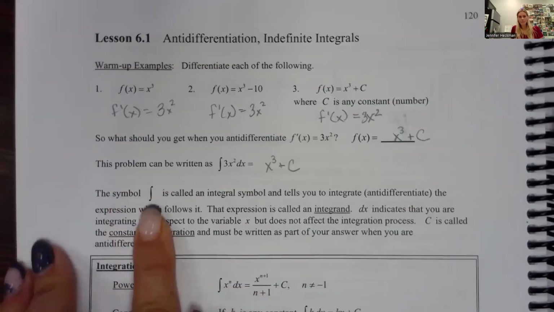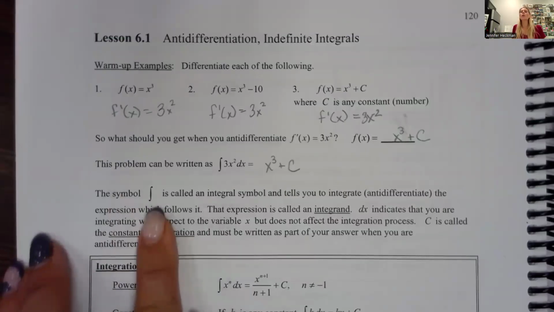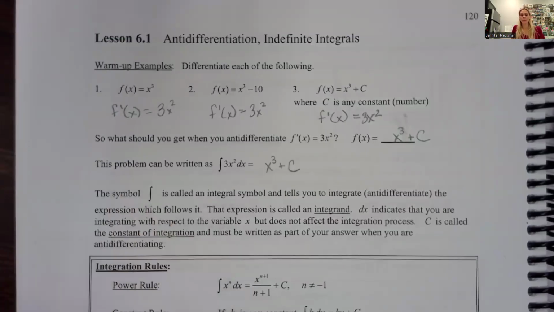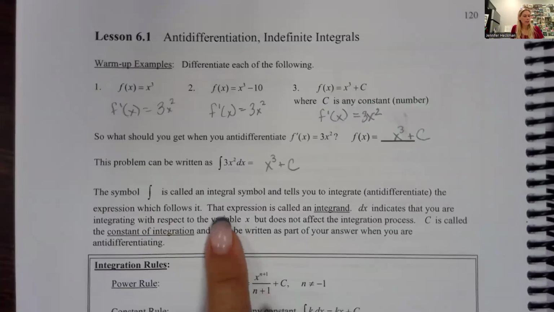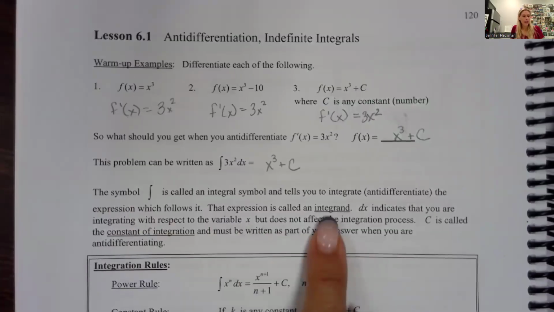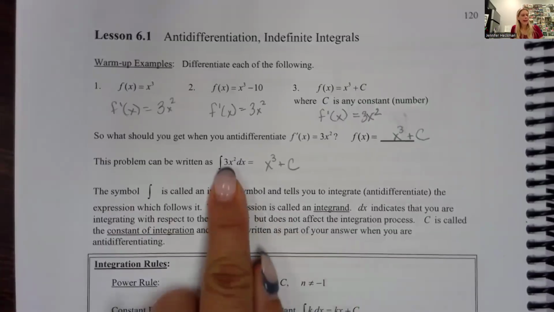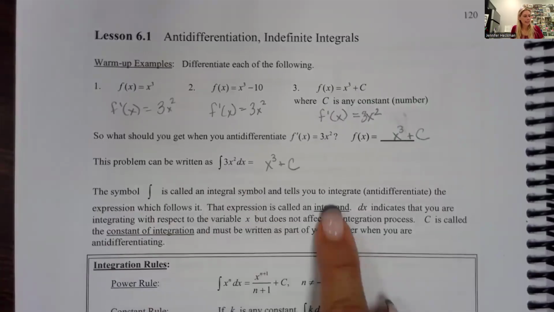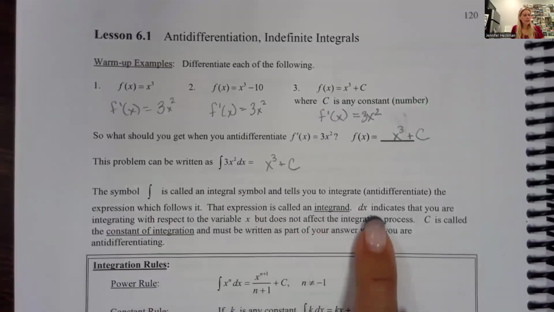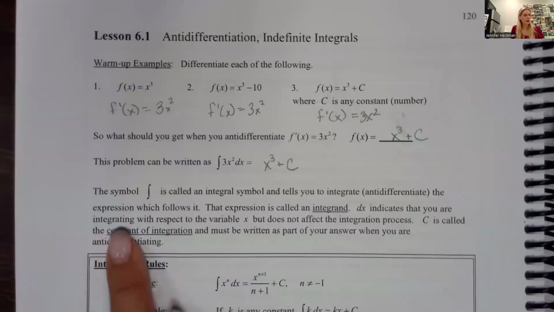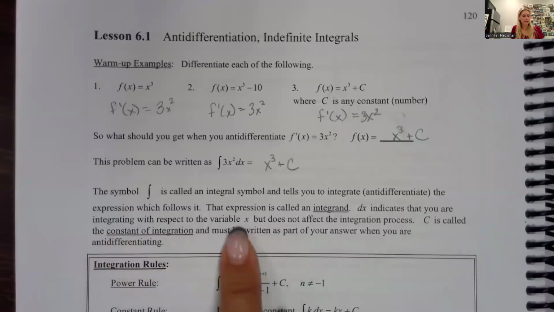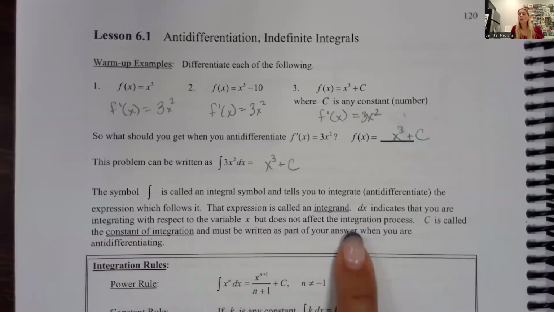The symbol of this is your integral symbol, okay? It tells you to integrate. So the directions don't have to say integrate this. If you see this symbol, it means you need to integrate, okay? The expression is called the integrand, okay? So like the 3x squared is the integrand, and dx indicates that you are integrating with respect to x, but does not affect the process.